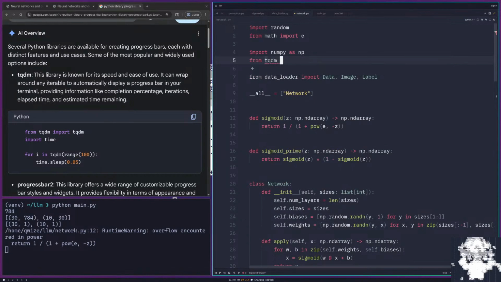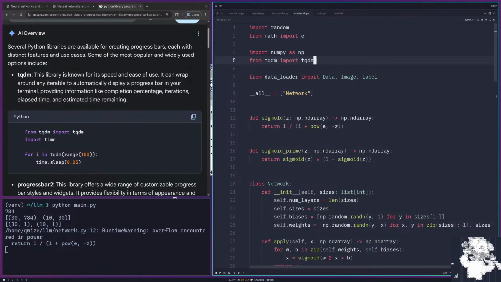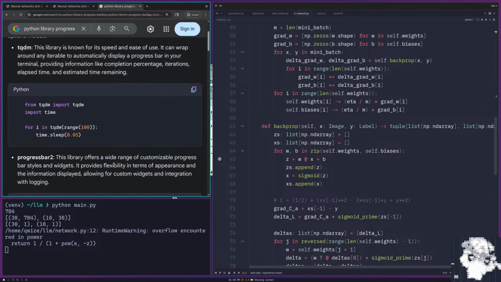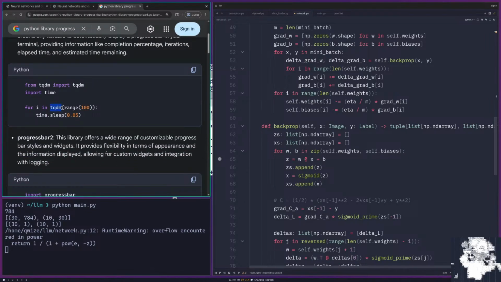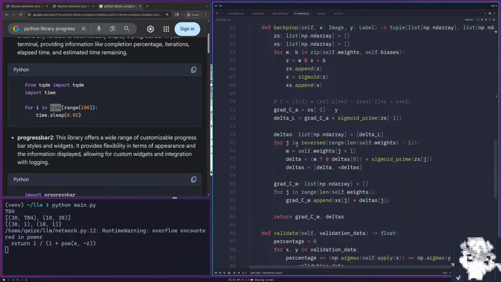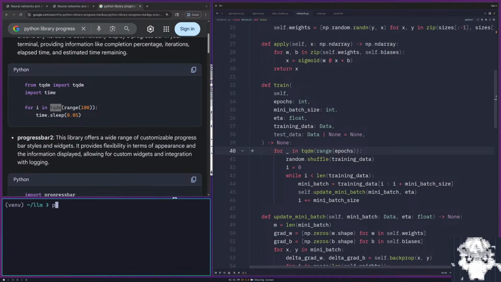From TQDM import TQDM. And then you can just iterate over a TQDM of a range, and it'll work perfectly. So in the training here, for blank in TQDM, range epochs. And then I'm going to cancel this, clear, pip install TQDM.